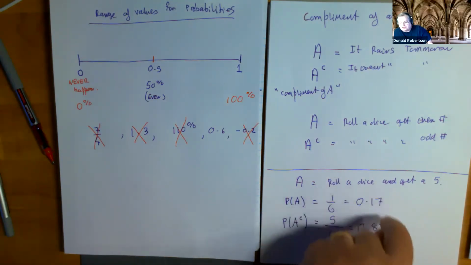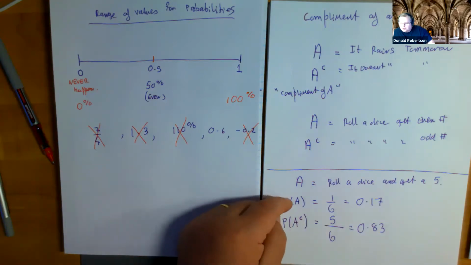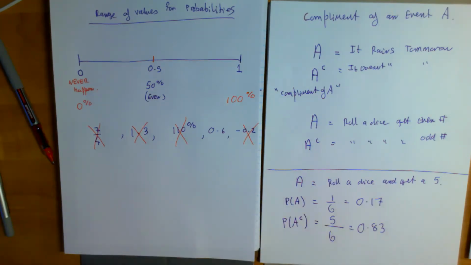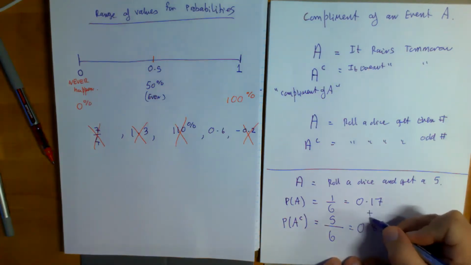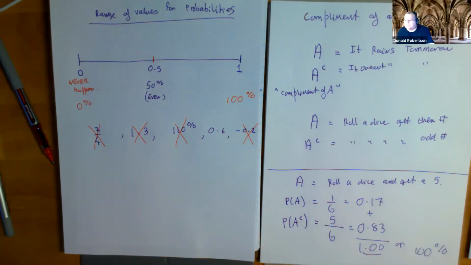They're not equal to each other, but there is a connection between them. What do you think the connection is when you look at the probability of a thing and the complement of that thing? They equal 100%. Yeah. So they equal 1, or if you want, 100%.